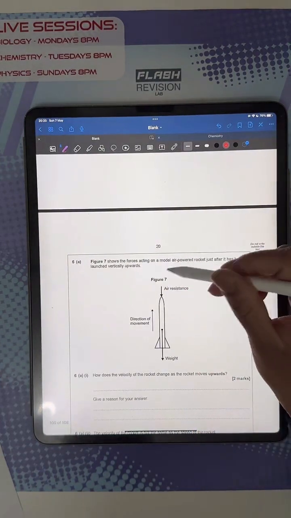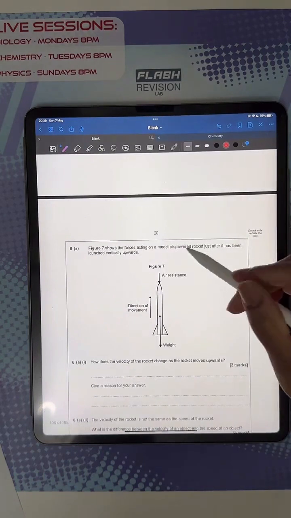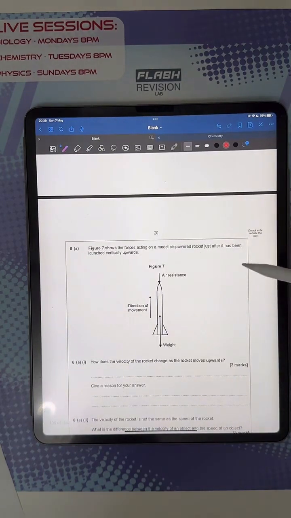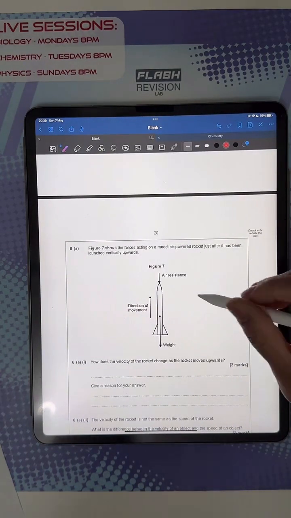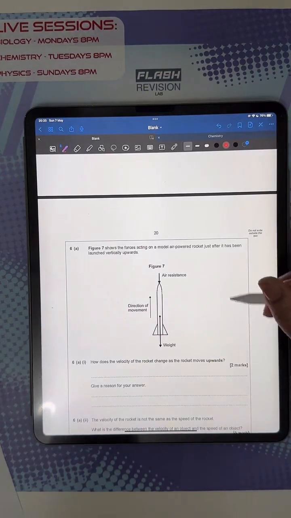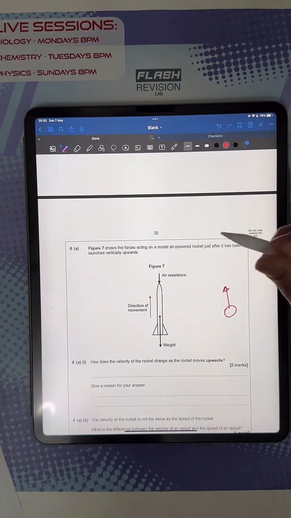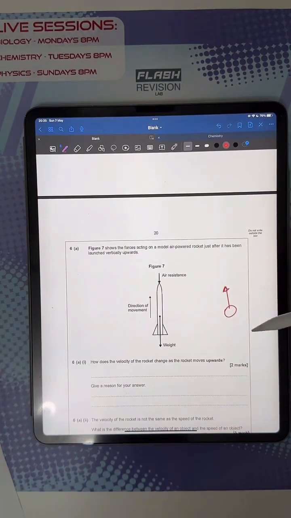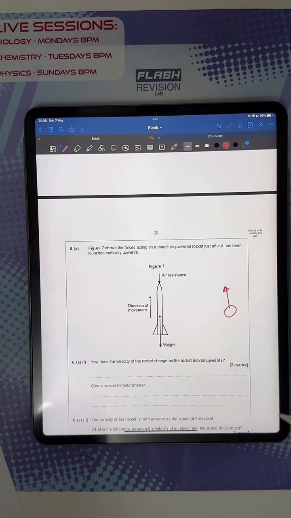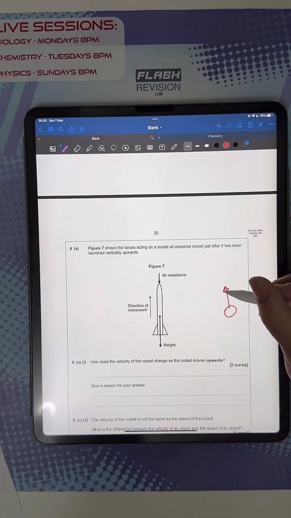So figure 7 shows an air-powered rocket, and it's been launched vertically upwards. So we've got a rocket going upwards, an object going upwards. And then how does the velocity of the rocket change as the rocket moves upwards? What do we think? Imagine something being thrown upwards.